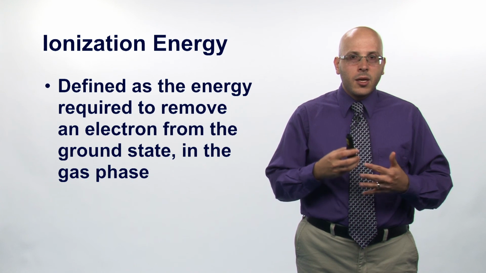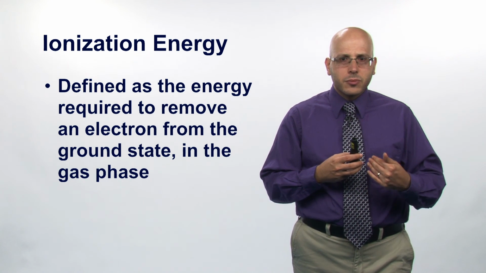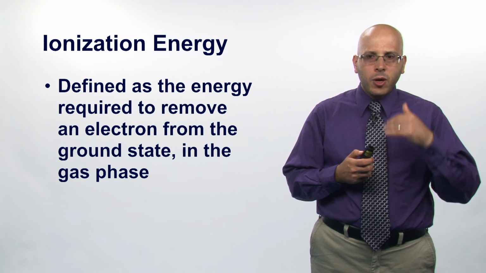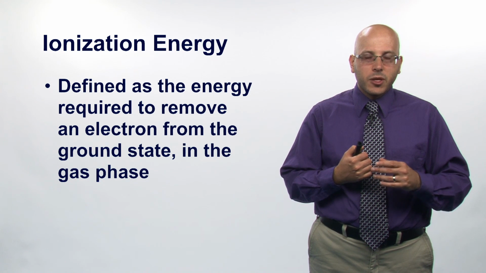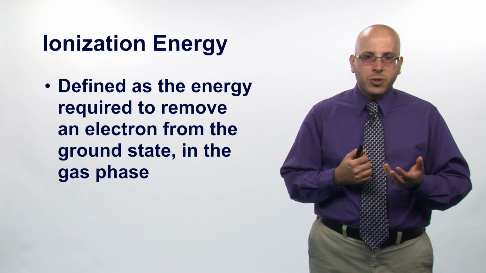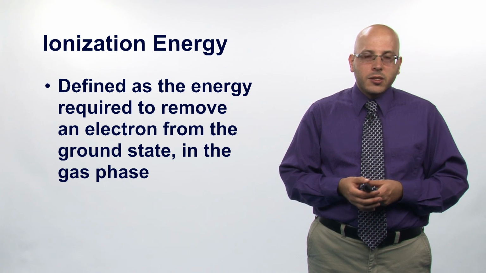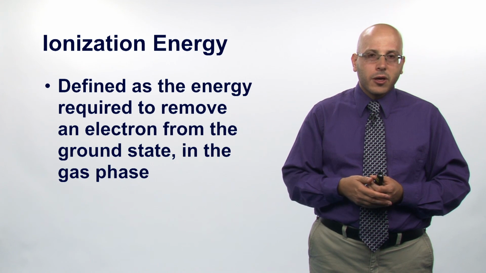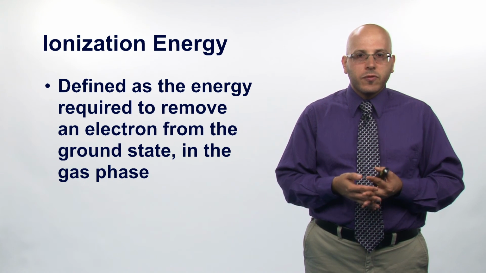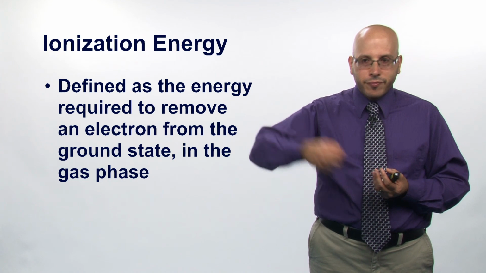The point is that it gets harder and harder to remove more and more electrons, because you are starting out with something that already has a charge. Let me give you an example. Let's say that you have $10 in your wallet, and your friend asks you for $1. You say, all right, I'll give you $1.